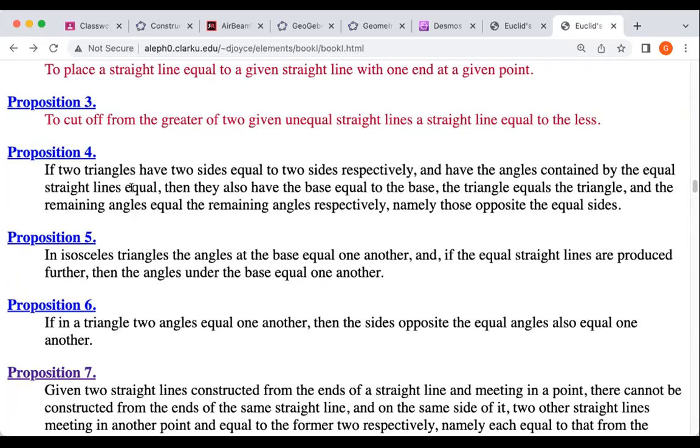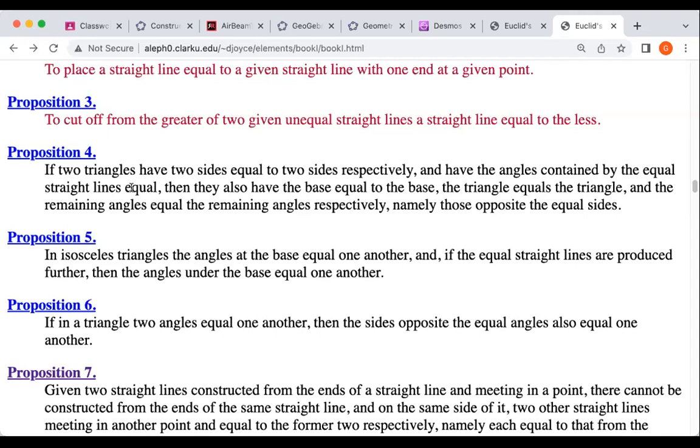So I got to talk about these because this is extremely important. Propositions 1, 4 and 1, 8. If you haven't taken geometry in a while, listen carefully. Two triangles are congruent.